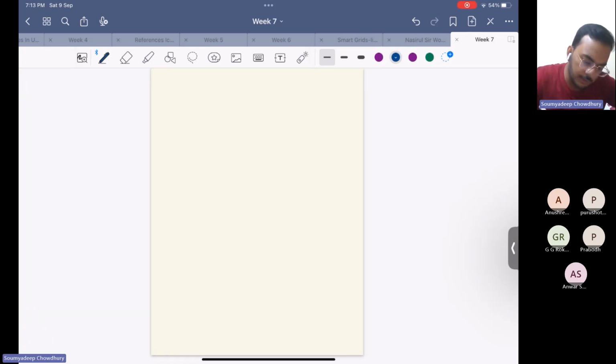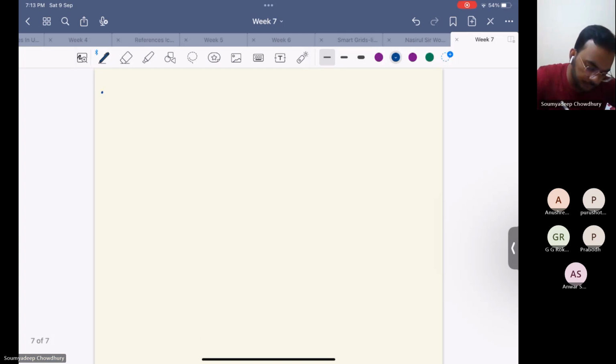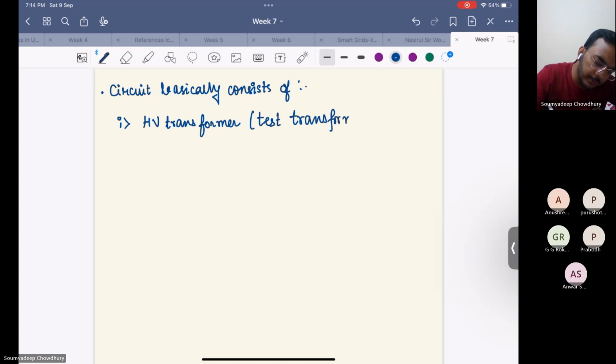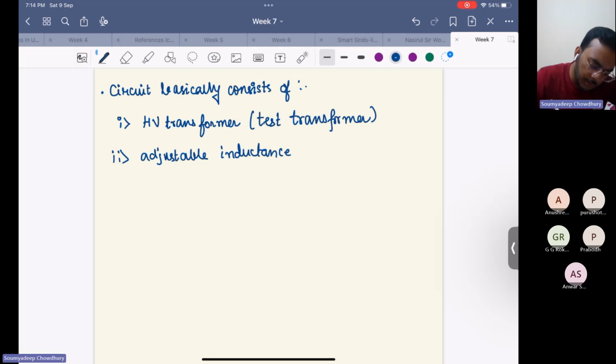So basically, this circuit will consist of, one, a high voltage transformer, also called the test transformer. Second, it will have an adjustable inductance.